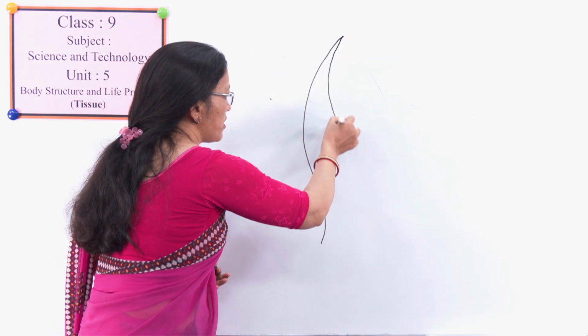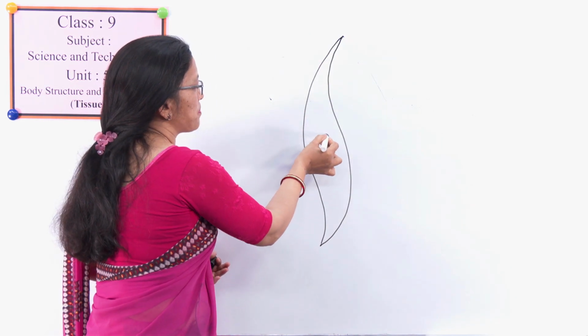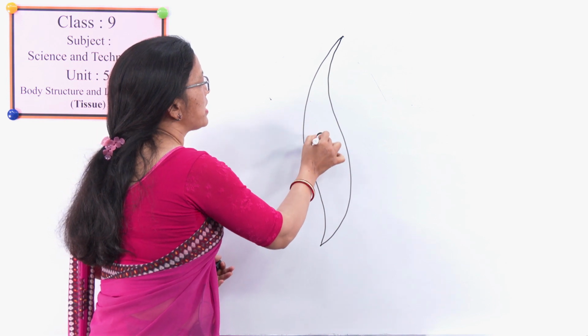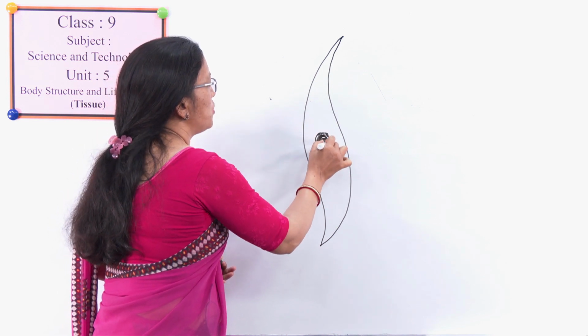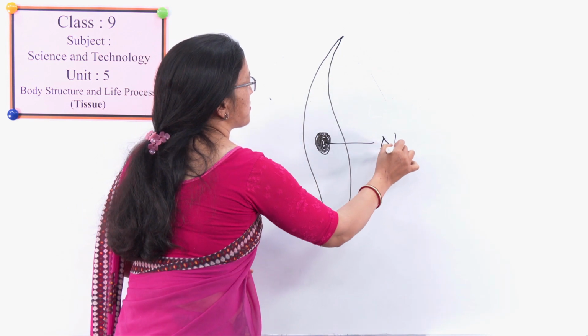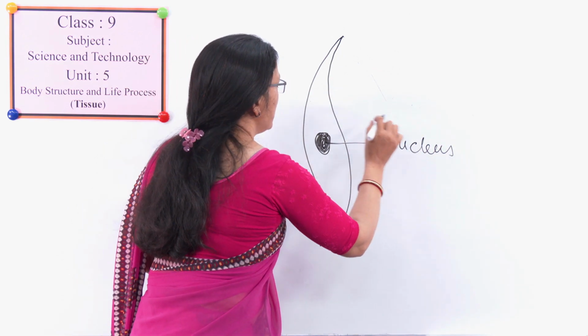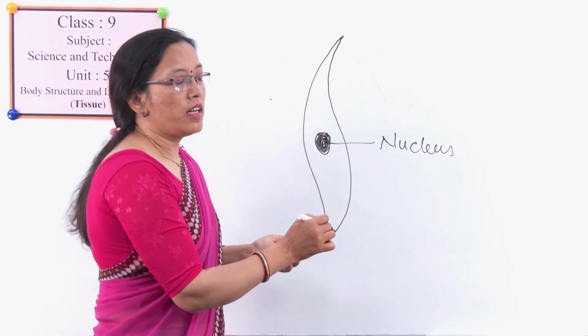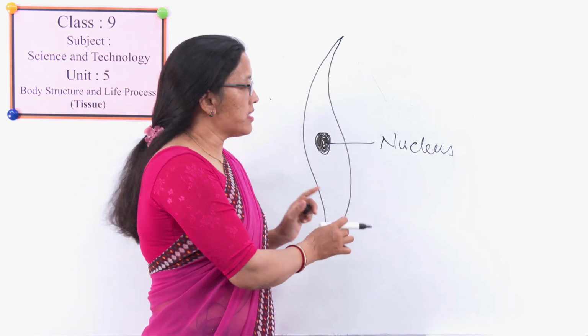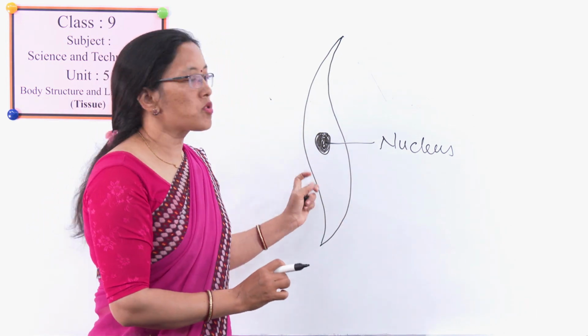A single muscle fiber of smooth muscle is a spindle shaped cell having a single nucleus. There is only one nucleus, and it is spindle shaped. An elongated, spindle shaped muscle fiber is present in the smooth muscle.